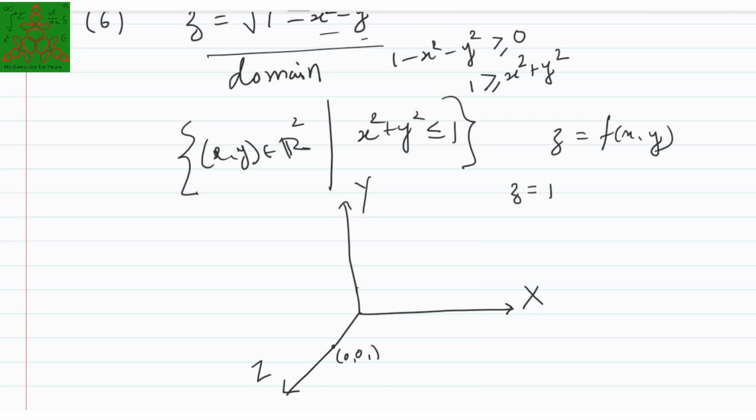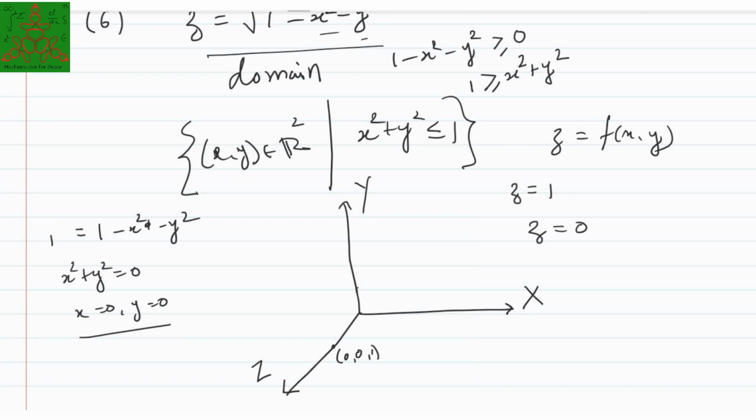I may also write this as, if z is 1, then 1 equals the square root of 1 minus x square minus y square. If I take the square on both sides, the 1 is cancelled out, so we will have x square plus y square is 0, so x is 0, y is 0. That will represent the one point that we have here. Suppose z is 0.